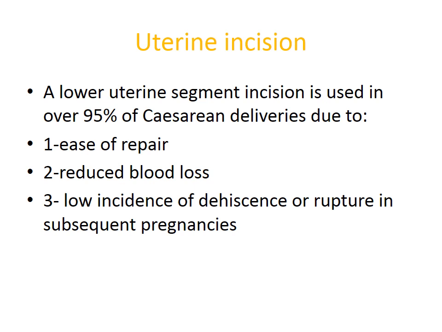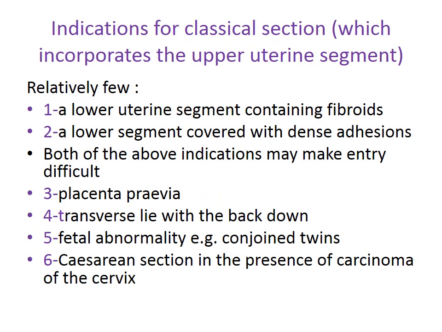This type of incision carries a number of advantages. First of all, the ease of repair. Second, there is a reduced blood loss intra-op, and it has a low incidence of dehiscence or rupture in subsequent pregnancies.